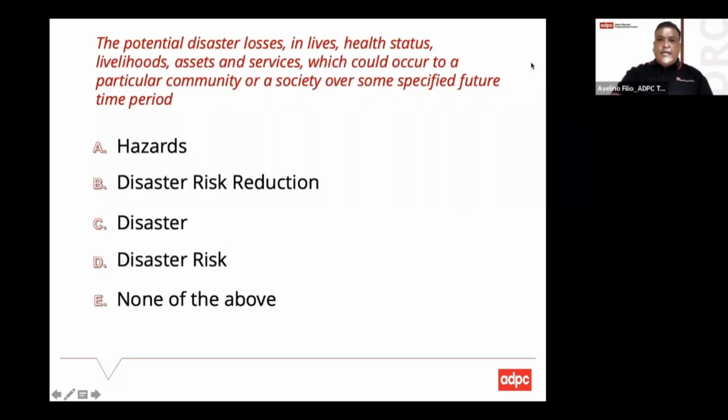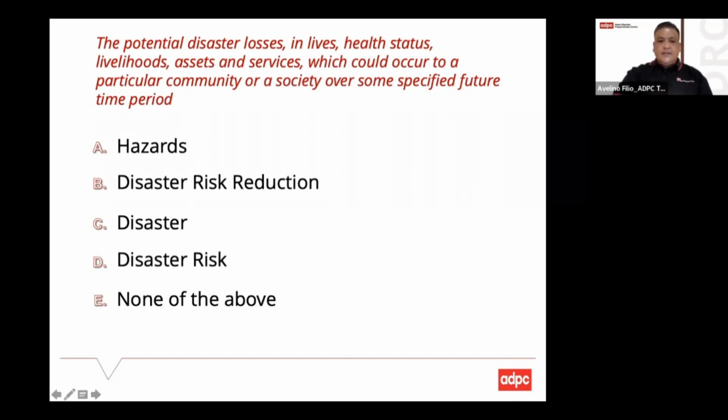It's the potential disaster losses in lives, health status, livelihoods, assets, and services which could occur to a particular community or society over some specified future time period. So what is that? I'll just give you time. Hazard, DRR, disaster, disaster risk.